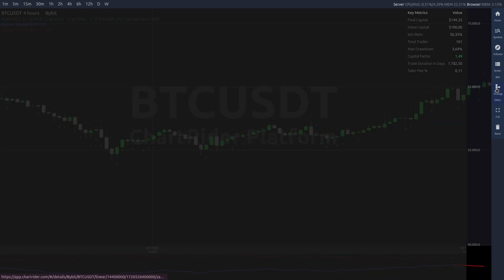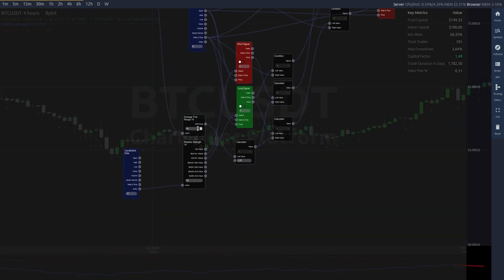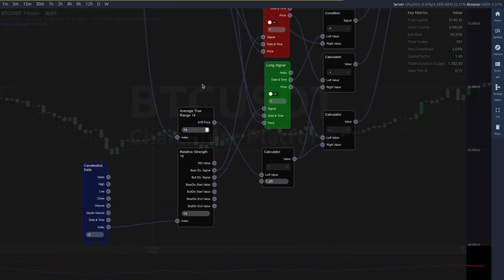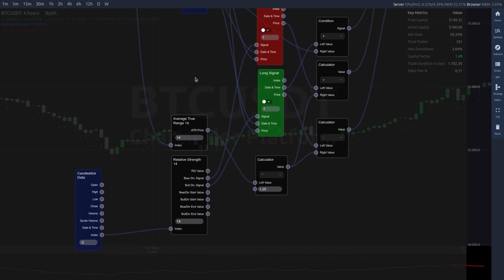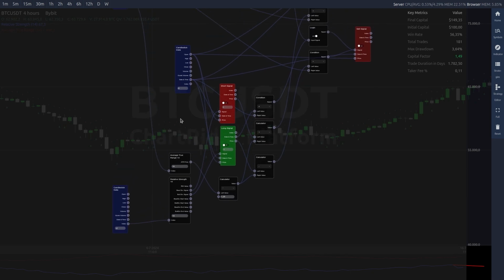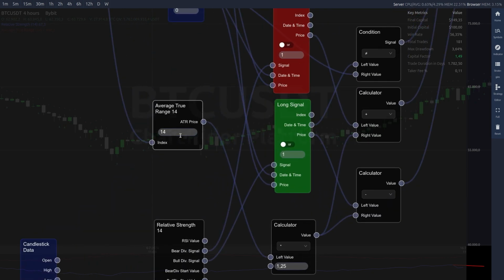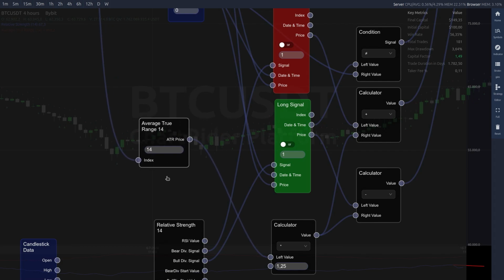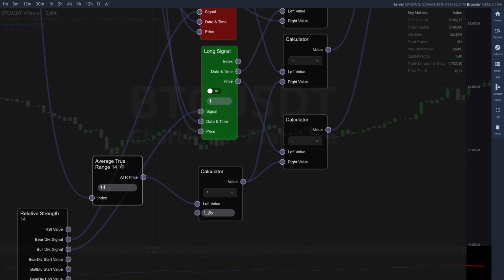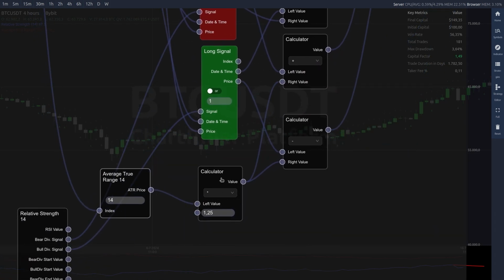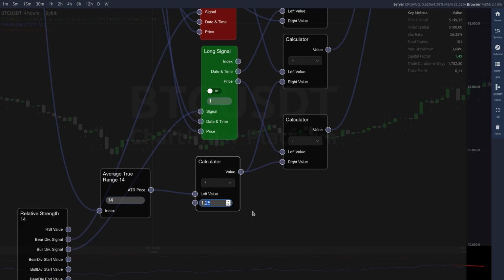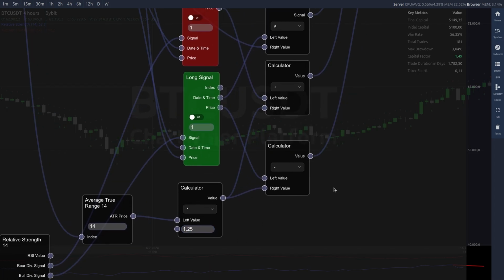A standard time range is 14 bars, 14 candles, and I chose this as the default candle look back period. Usually you use a multiplier, like I used here. I connected a multiplier here, 1.25, not so much.